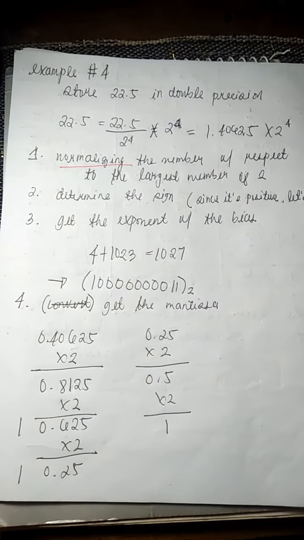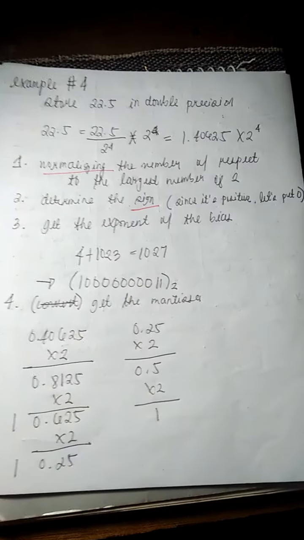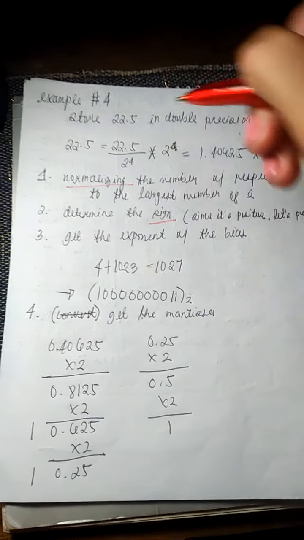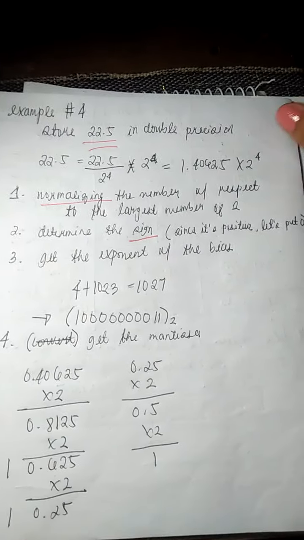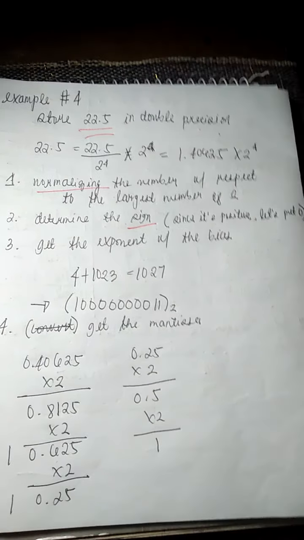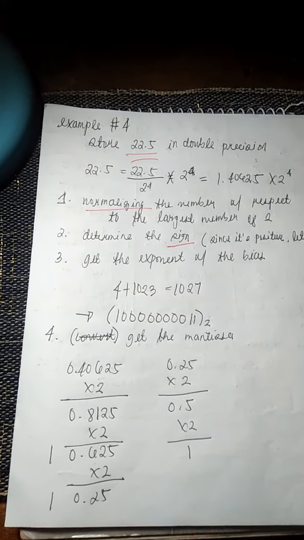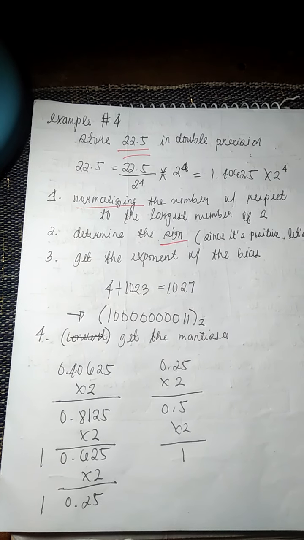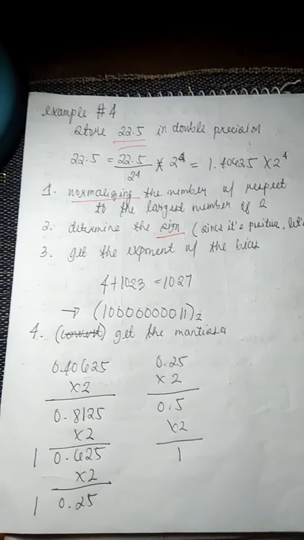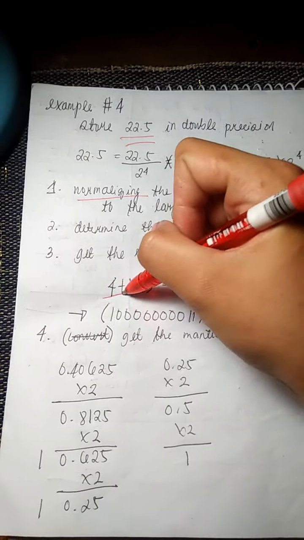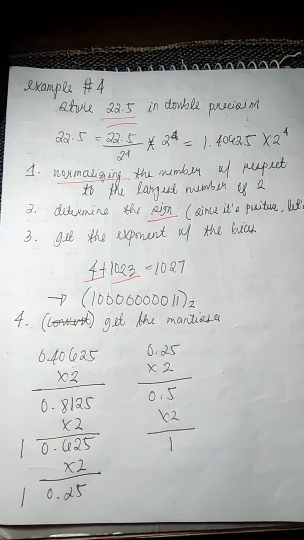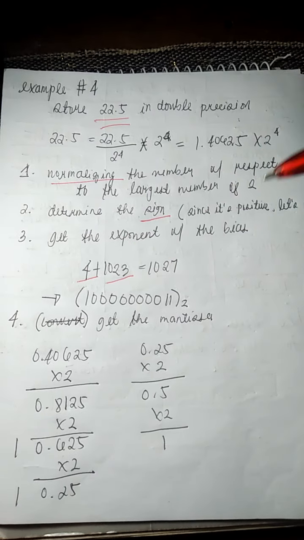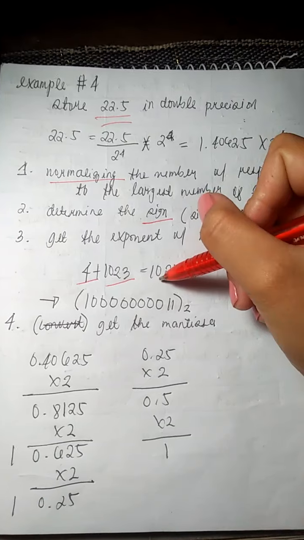Next is to determine the sign. Since 22.5 is positive, our sign is 0. Next step, get the exponent with the bias. Our exponent is 4, and since it is double precision, the bias is 1023. Adding them, we get 1027.